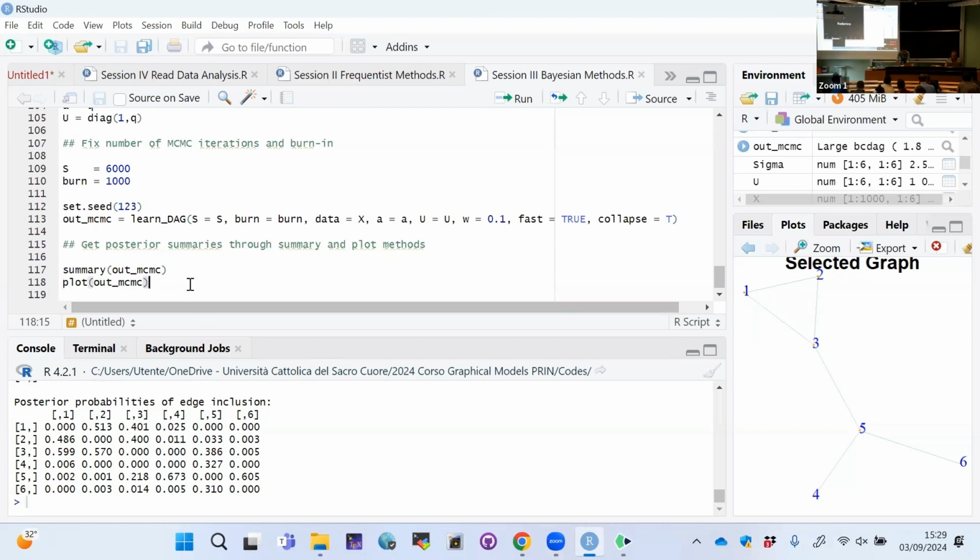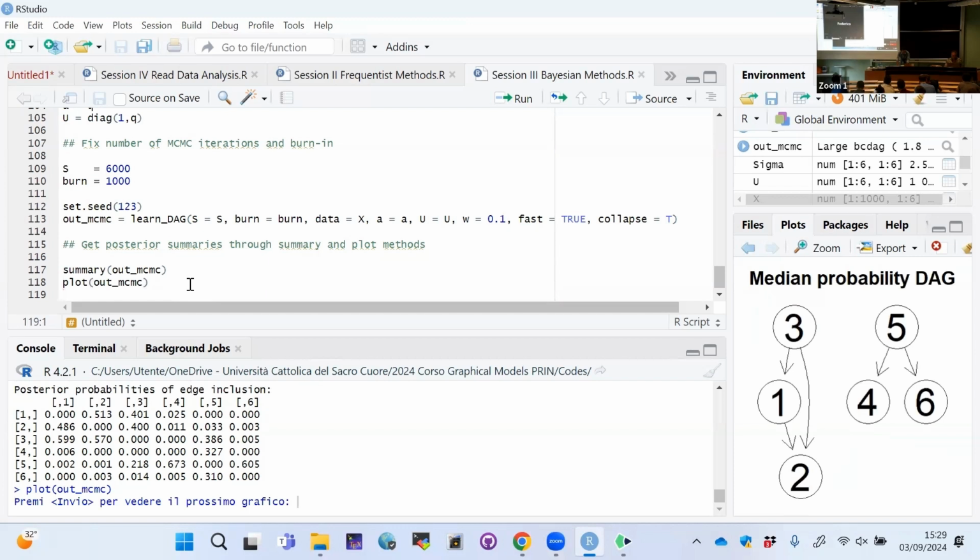Okay, if instead you use the method plot, what you will obtain is a list of outputs. The first one is the median probability DAG model, so the DAG model containing an edge between U and V if the corresponding probability of inclusion is greater than 0.5. And we end up with this DAG estimate.